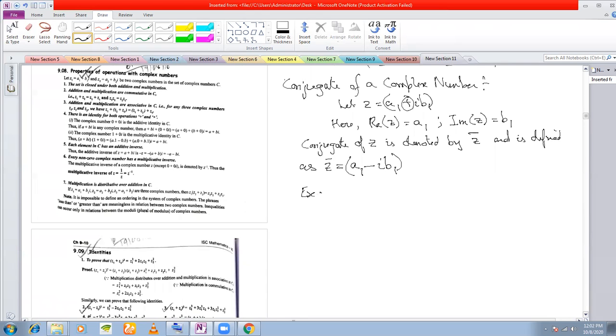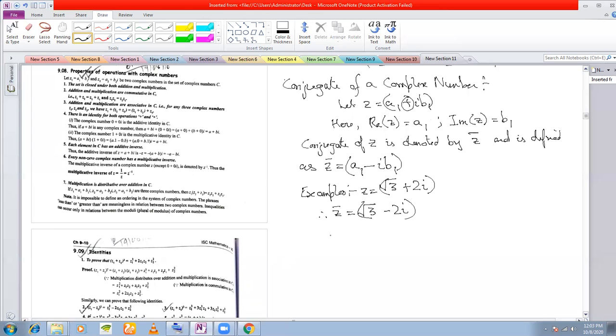Examples. Suppose you have a complex number, root 3 plus 2i, then what should be the conjugate of this? Let us call this z. Therefore, the conjugate of this will be, we change the sign only of the imaginary part. This will be your conjugate. I had mentioned this to you in quadratic equations also. Okay.